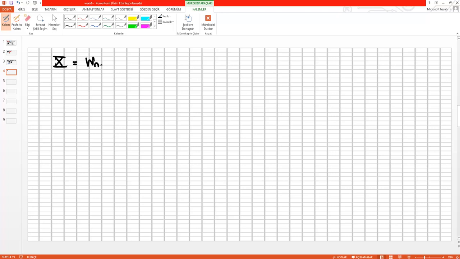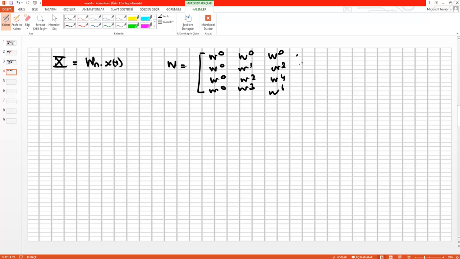W n times x(t) can be given in here, and so this W is represented by W0, W0, W0, W0, and W0, W1, W2, W3, and W0, W2, W4, W6, and goes like this way. Okay?